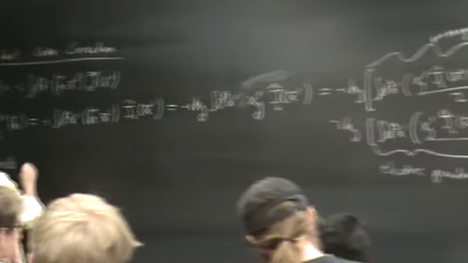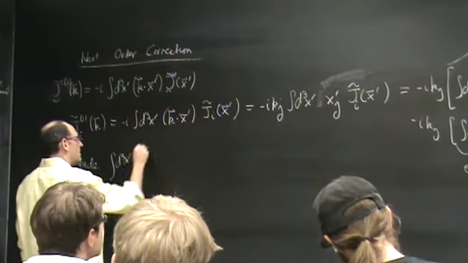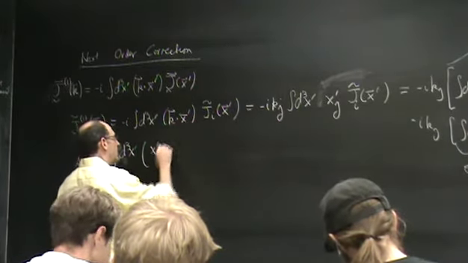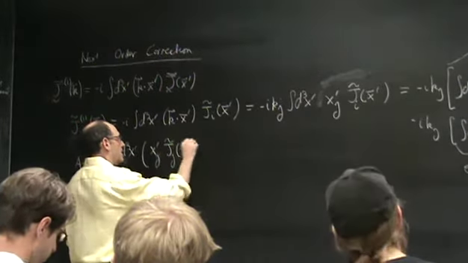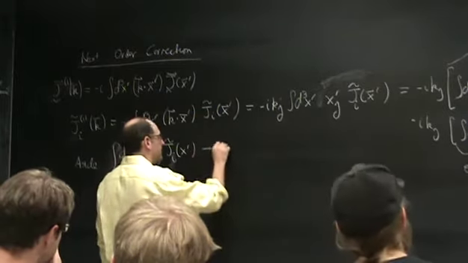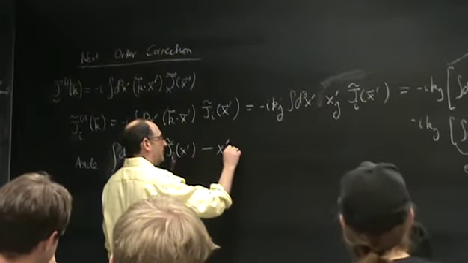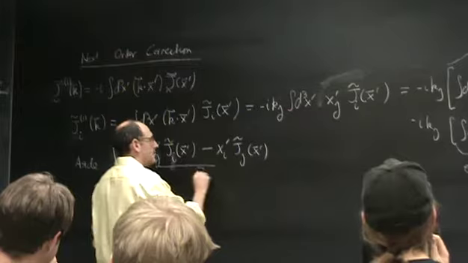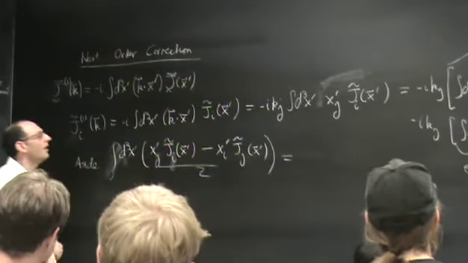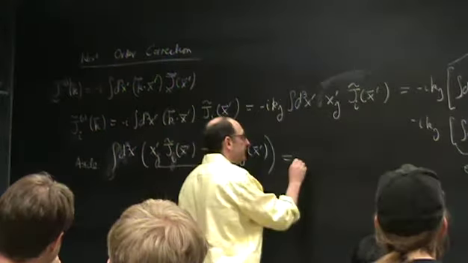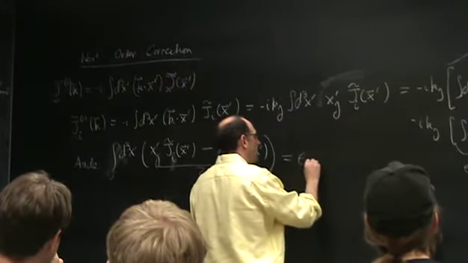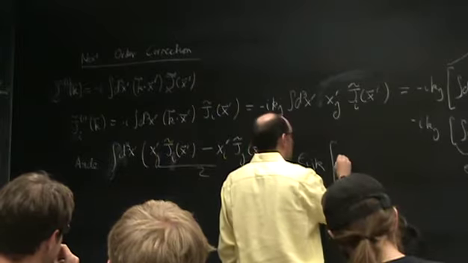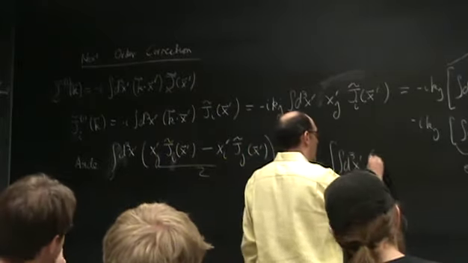The integral of x prime_j j tilde_i minus x prime_i j tilde_j, we recall, is the dual of a cross product, meaning we can write this as epsilon_ijk times the kth component of x cross j.